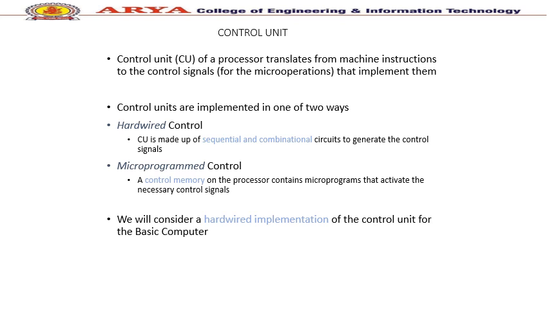Hardwired control unit means the CU is made up of sequential and combinational circuits to generate the control signals. Microprogram control unit: a control memory on the processor contains microprograms that activate the necessary control signals. We will consider a hardwired control implementation of the control unit for the basic computer.